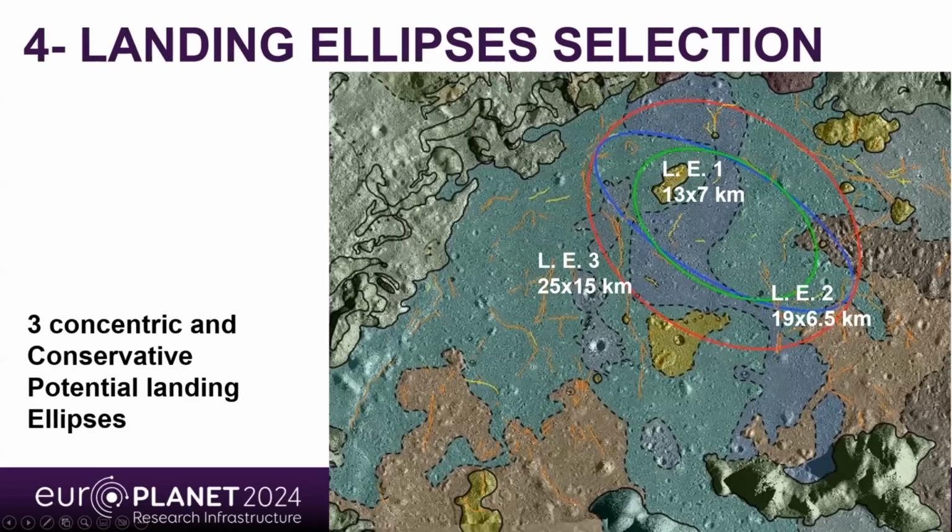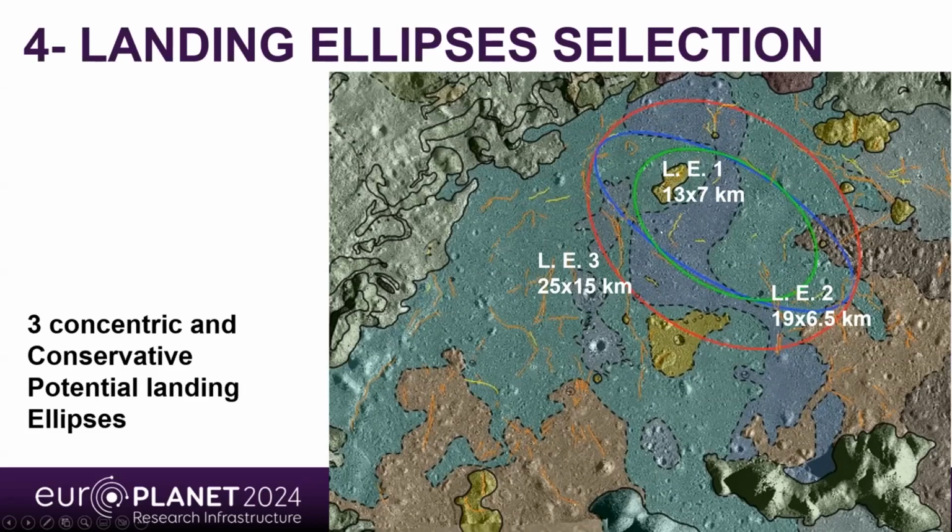So basically, they are all on the list, and then we focused on these three. We drew landing ellipses in the safest zone you can find, trying to avoid obviously all the obstacles you have, and trying to draw more and more landing ellipses.